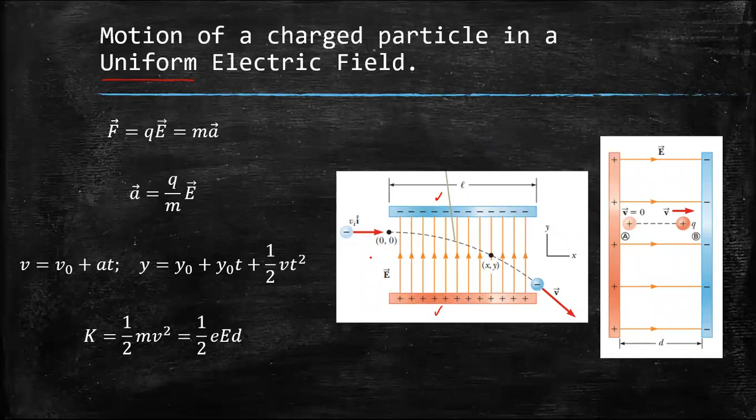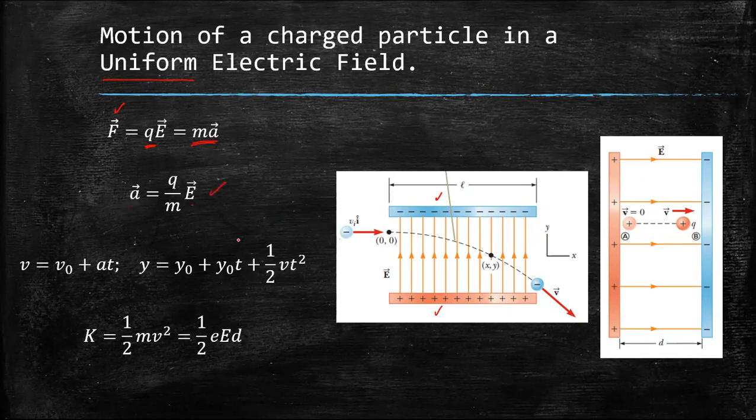So what happens to a point charge when it enters this field? Well, a charge Q will experience a force F, and according to Newton's second law, that force equals the mass of the particle times acceleration. So this particle has both charge and mass. Once it is subject to electric field E, it will experience an acceleration a, given by this formula.